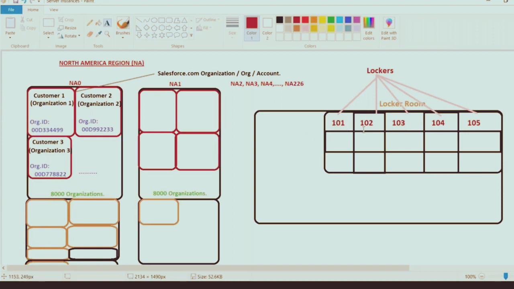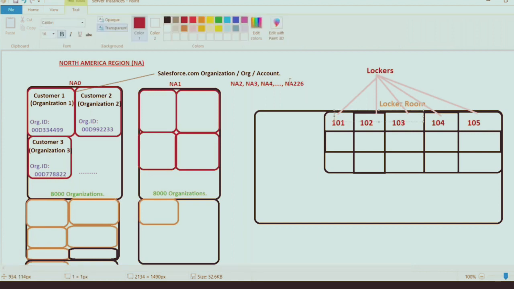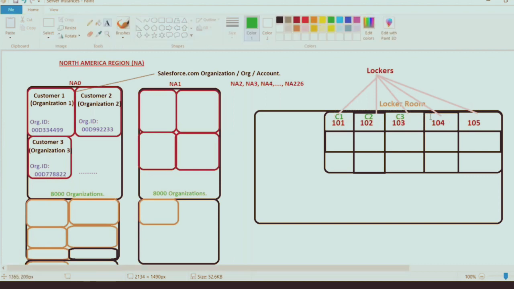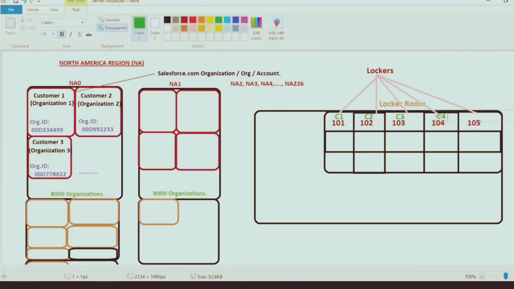Now these lockers are allocated to the customers. Locker 101 has been allocated to customer 1. Locker 102 has been allocated to customer 2. Locker 103 is for customer 3. Locker 104 is for customer 4. And this is for customer 5.